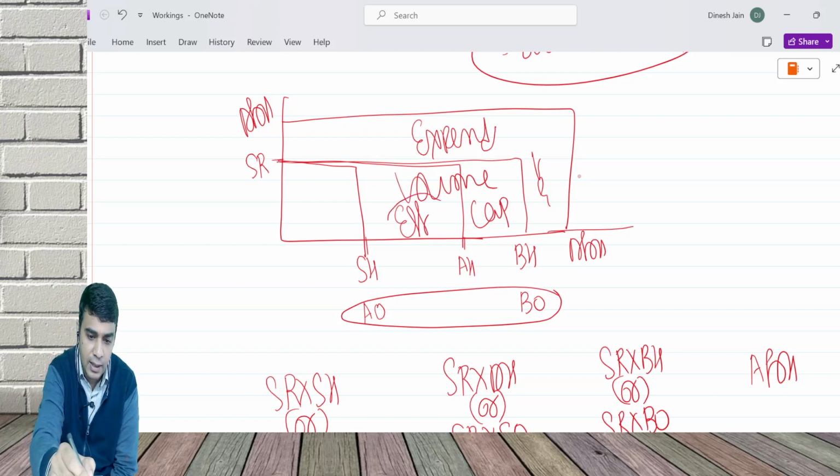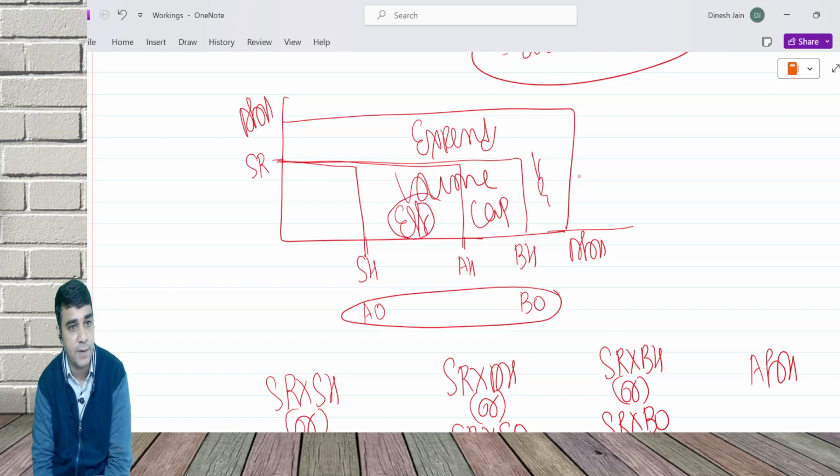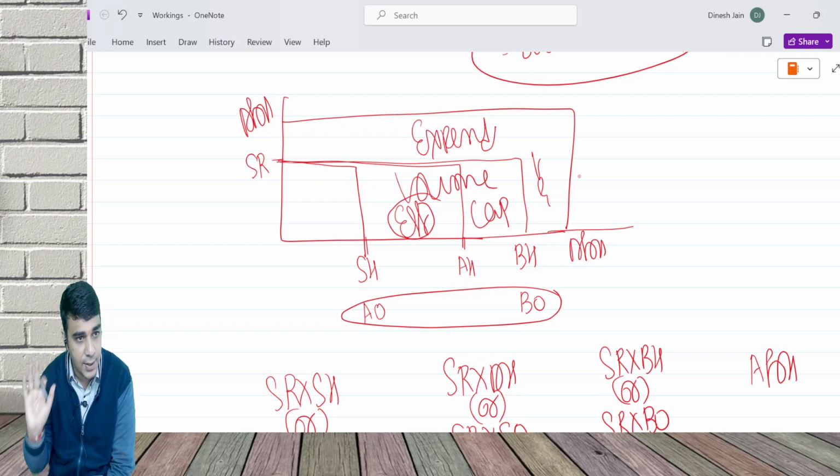What is the formula for efficiency variance? Only this part: SR into SH minus SR into AH. That is the only thing I want, okay? Capacity variance: SR into AH minus SR into BH. Together is called volume, both the parts. What is the formula? SR into SH minus SR into BH.